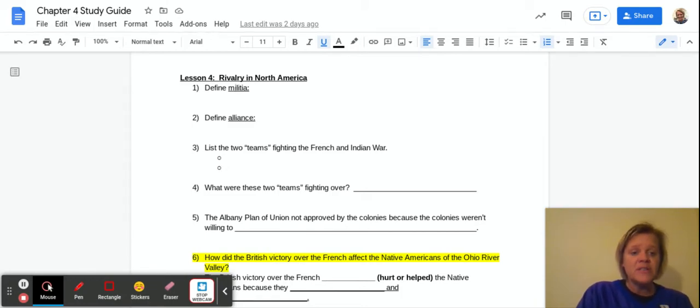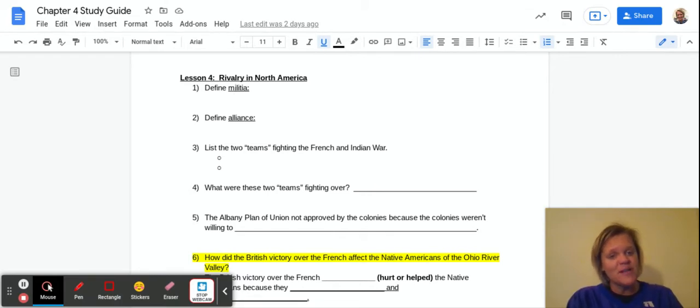Well, on Tuesday, we did our Lesson 4 work on those sticky notes right in your textbook. So they should be right where the answers are, and the answers should be written on your sticky note. So Lesson 4 should be particularly easy because a lot of these answers you will find right on your sticky notes.